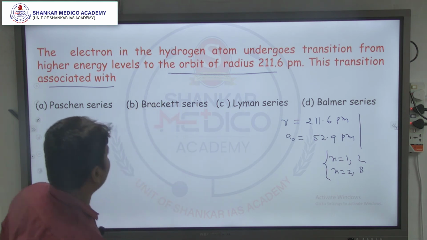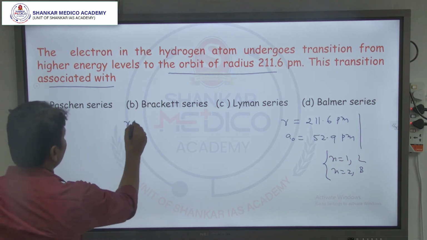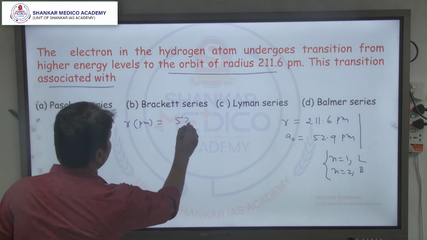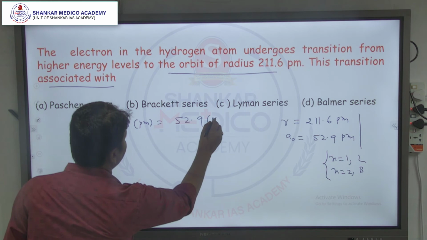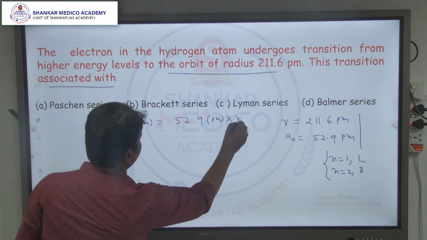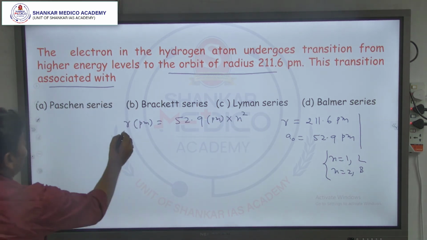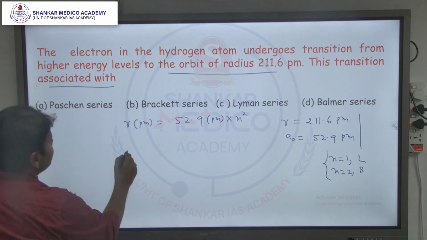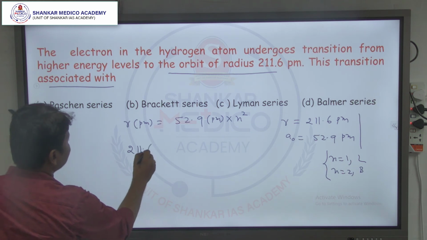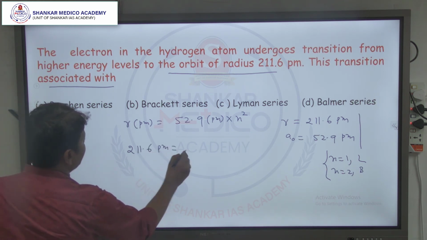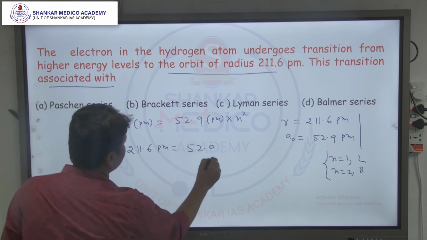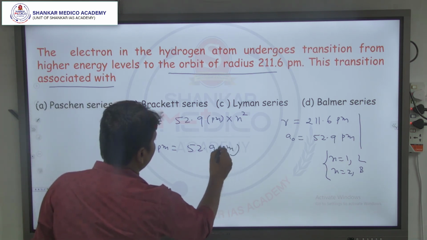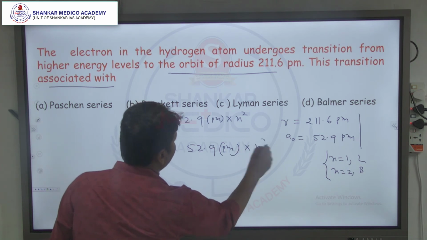To do that, taking the r value in picometer, I can use r equals 52.9 picometer into n square. The radius of the orbit is already given, 211.6 picometer. Then my Bohr's radius in picometer I write as 52.9 picometer, and from here I can get the n value.